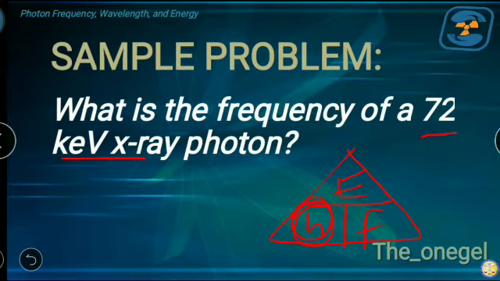For example, if E is missing, we need to multiply h and f, since only two values are needed and h is constant. What if frequency is missing? Then we need to divide E by h.